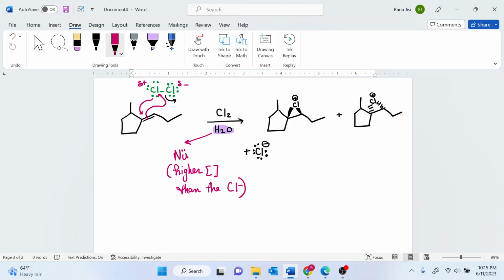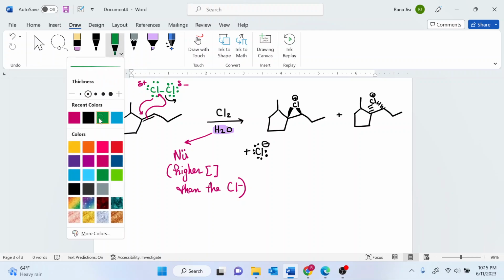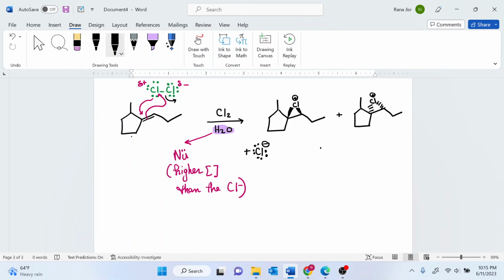So this is why the water now is going to attack in the next step and not the chlorine. It's going to proceed exactly as the chlorine did. So we're going to add the water in this case now here across every single carbon.